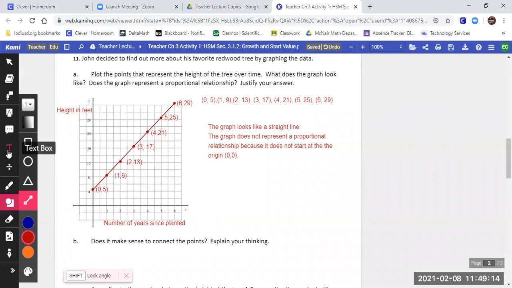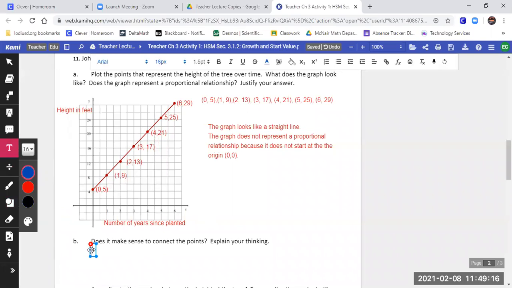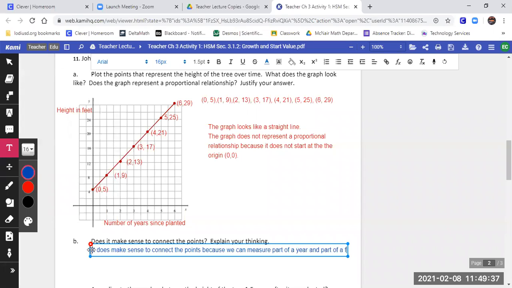Okay, so it does make sense to connect the points because we can measure part of a year and part of a foot.